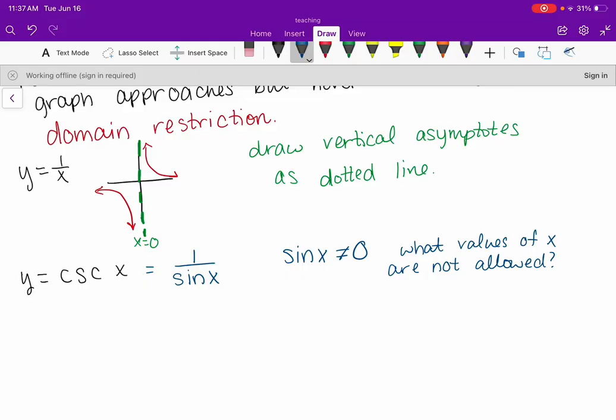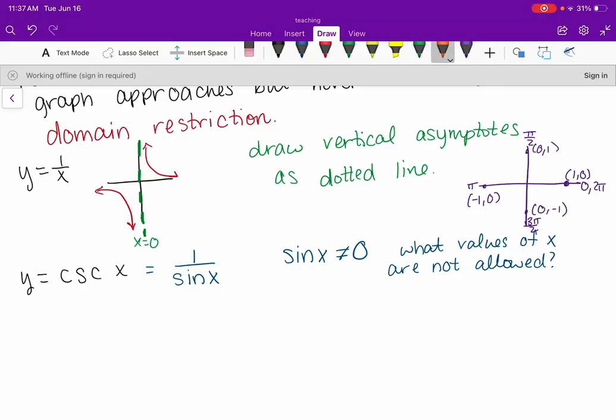So really what I'm asking is, where does sine equal 0? So I'm going to remind you of the unit circle. I have 0, pi over 2, pi, 3 pi over 2, and 2 pi. This is the point (1, 0), (0, 1), (-1, 0), and (0, -1).